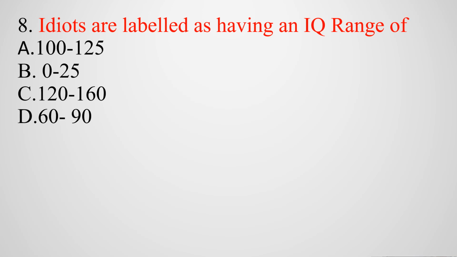Eighth one, idiots are labeled as having an IQ range. So whenever we go through the IQ table, easily we can identify idiots. So the appropriate answer here is 0 to 25. Less than 0 to 25 we can treat as idiots.